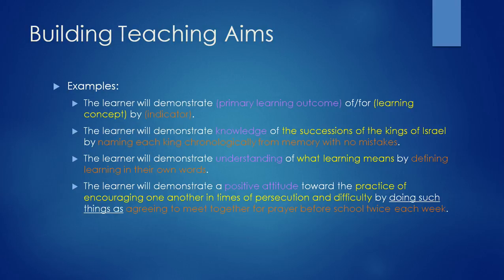The learner will demonstrate a positive attitude, or maybe a positive commitment toward, and you could use either word. Will demonstrate a commitment toward or positive attitude, or whatever word you have in there that describes a change in the affective domain toward the practice of encouraging one another.